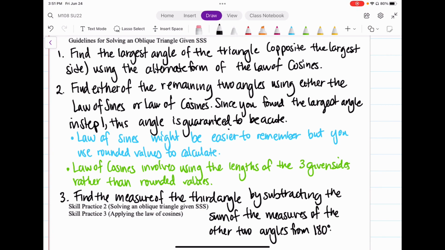So if it's obtuse, then they're both going to be acute. If it's acute, they're also both going to be acute, just smaller. The law of sines is easier to remember, obviously, but you're dealing with rounded values, whereas the law of cosines involves the lengths of the 3 sides that you're actually given and might be more accurate. The last thing that you want to do is find the measure of the missing angle, subtracting the 2 angles that you have found from 180 degrees.